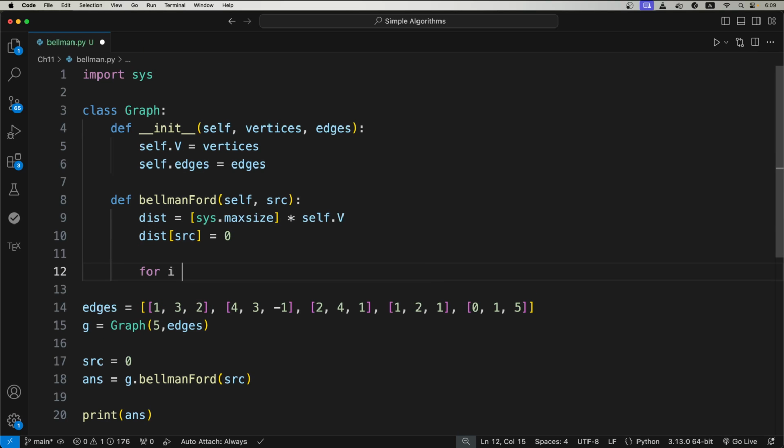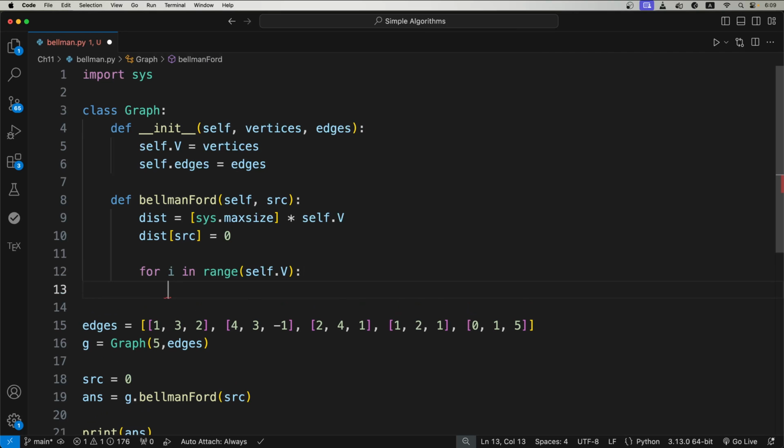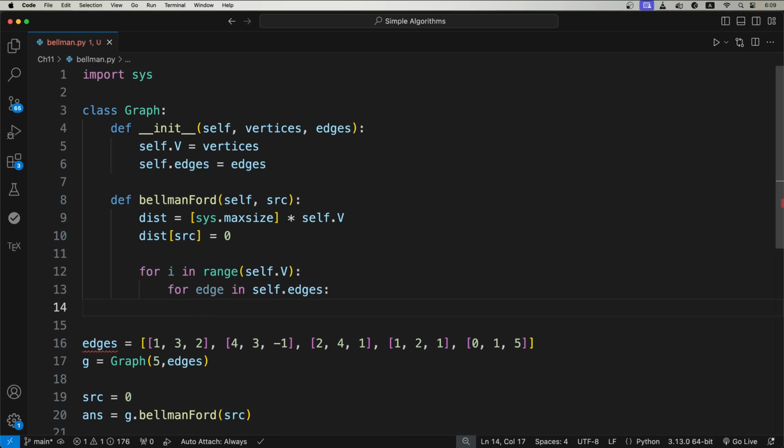From here, we're then going to iterate through for i in range of self.v. And then we're going to do for edge in self.edges. So basically, we're going to look through every single edge that we have, and we're going to extract the edge information, so the start point, the end point, as well as the weight.